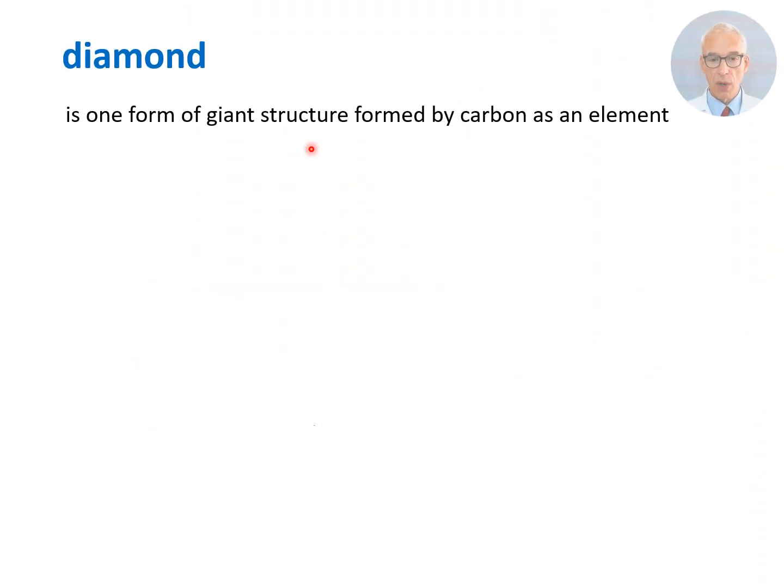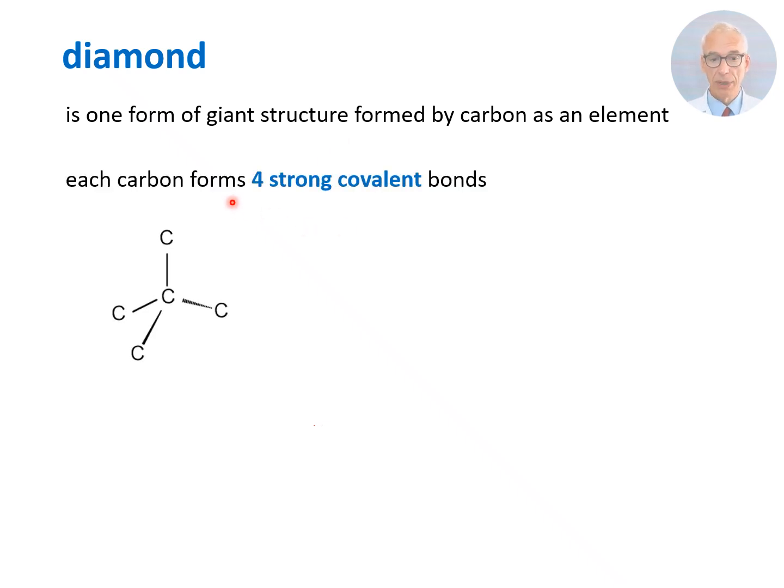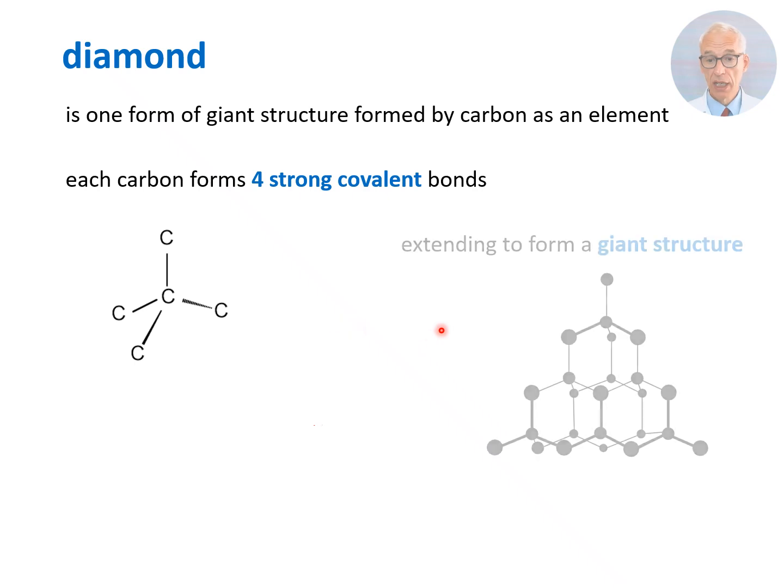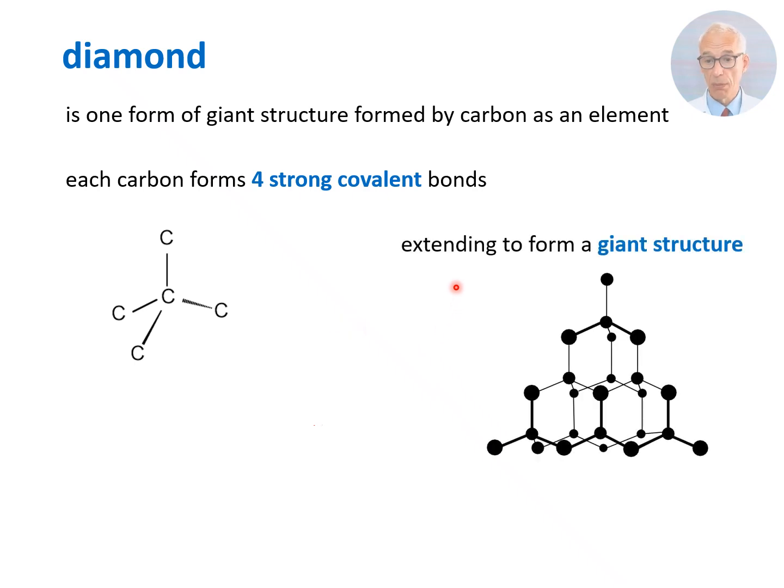So let's take one of these forms first, diamond. Each carbon in the diamond structure forms 4 strong covalent bonds. So we have a central carbon forming 4 carbon-carbon bonds. Of course, this carbon here will form another 3, so it's going to extend to form a giant structure which carries on and on and on until we run out of carbon atoms.